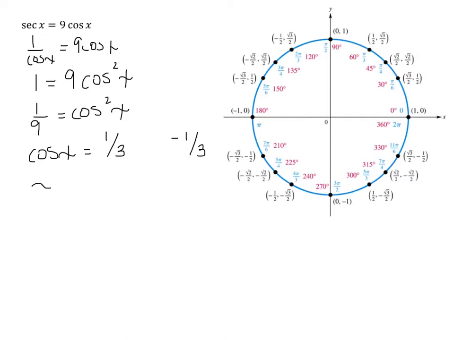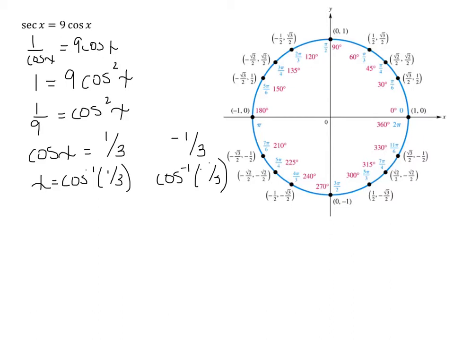So now x will be equal to the inverse cosine of 1/3 or the inverse cosine of negative 1/3. Actually, I'll erase that, there's not enough space. Because this is x, I'm going to make sure that my calculator is in radians.